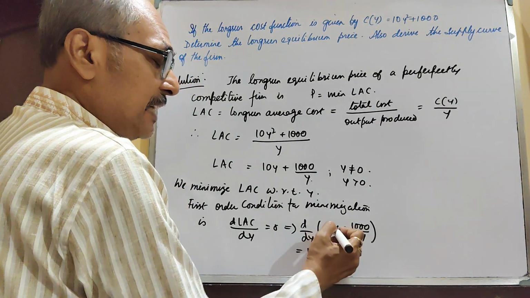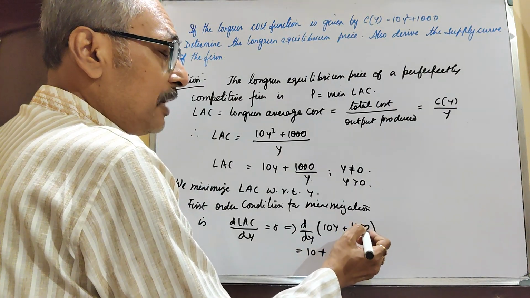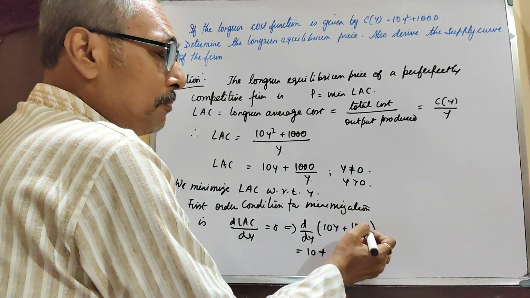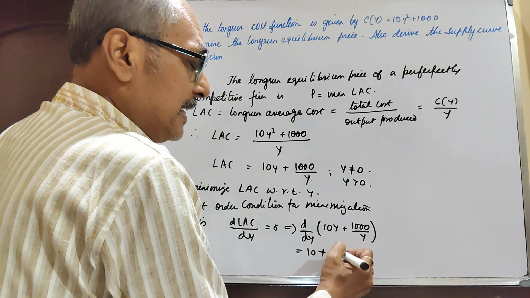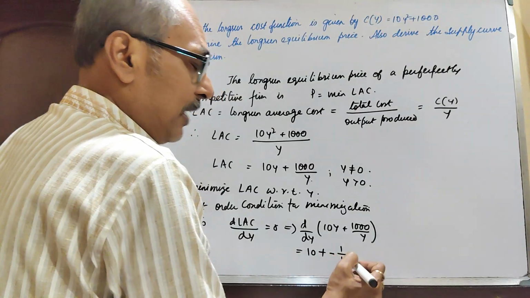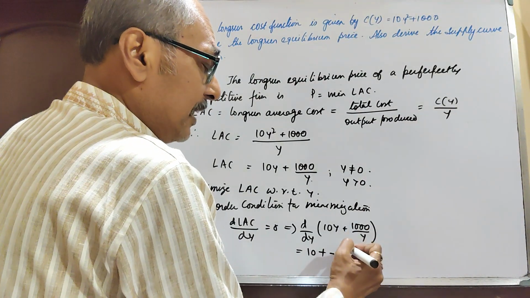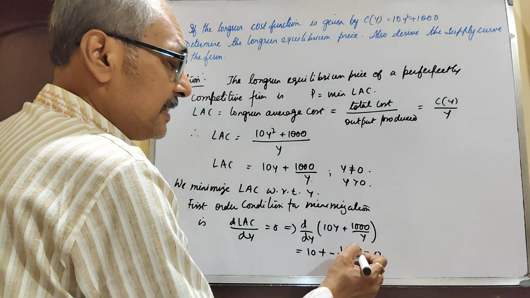And now we differentiate 1000 by y. If we differentiate 1 by y, it becomes minus 1 by y squared, and the 1000 stays in the numerator. This equals 0.